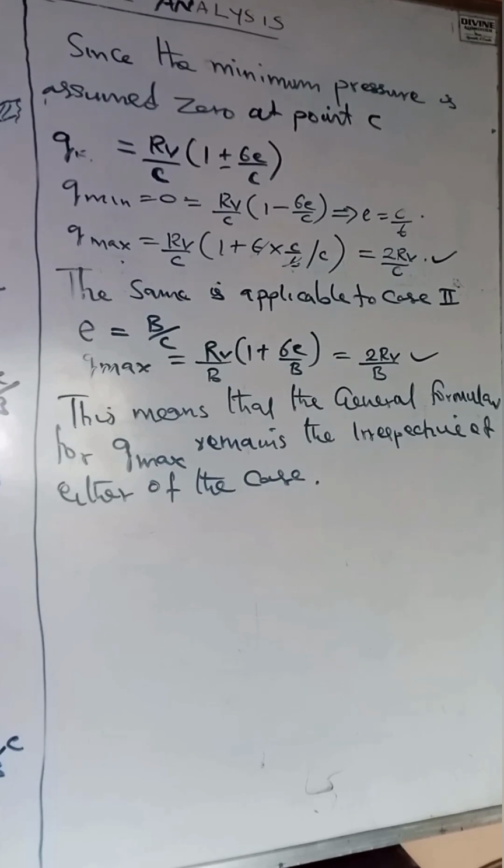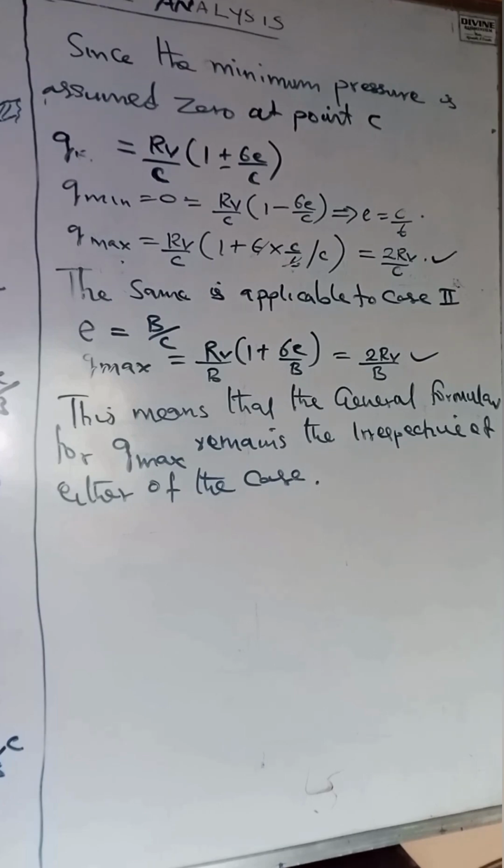The only difference between both is that B represents the entire width of the footing, while C represents part of the footing. The maximum pressure when it is B remains the same formula as the maximum pressure when it is partially in contact with the footing.